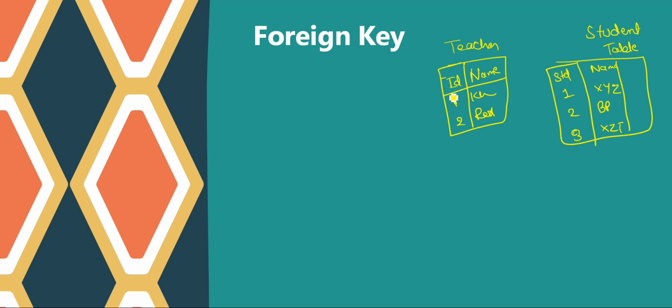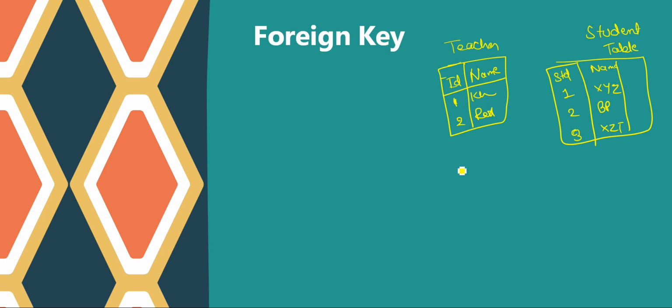Something like this. Now I want to know which teacher teaches which students. How can I understand this? How can I know this? Because there are two completely different tables, teacher and student.